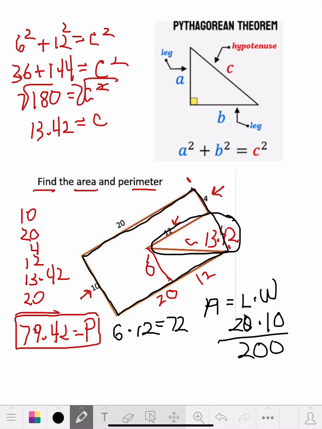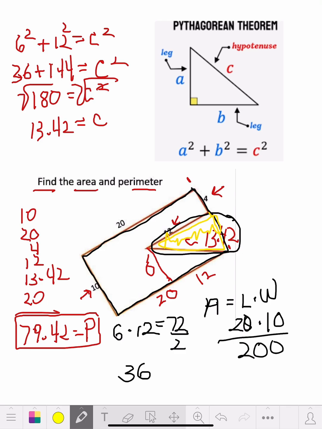But I'm only missing half of that rectangle, so I'm missing half of that. I'm missing 36. You see that? See how that works? I'm only missing this little shaded area. Let me color this in yellow. I'm missing this little area in here. So I'm only missing half of it.